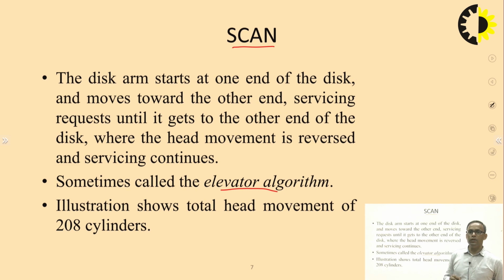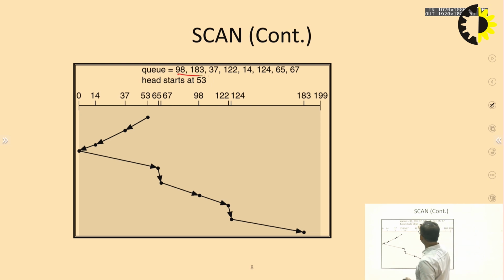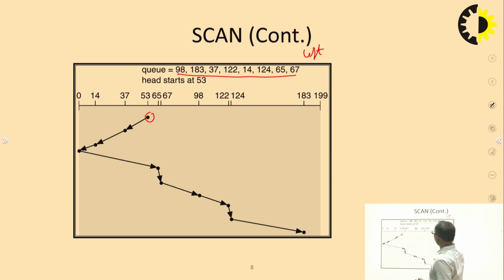And in case of SCAN disk scheduling, the read write head will move from its current position either in increasing direction or decreasing direction. Again, this is the queue of input output requests, and 53 is the current position. So here the direction of the read write head is the left direction. The read write head is moving in the left direction, or in decreasing order of track.